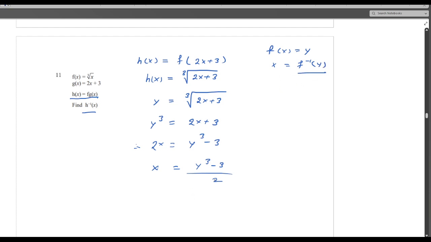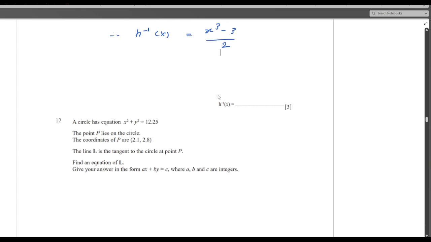Here it is h inverse of y. So h inverse of x, if I want to find, here I will replace this y with x, so it will become x cube minus 3 divided by 2. So this is your h inverse of x, which is x cube minus 3 divided by 2.